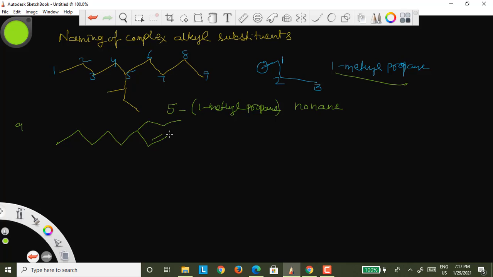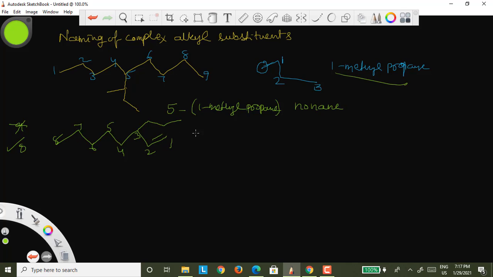If you include the alkene in the parent chain, it is 8. But this 8 will be taken, not 9, because the functional group should be in the parent chain. You cannot start from here; the functional group should get the lowest number. So 1, 2, 3, 4, 5, 6, 7, 8.